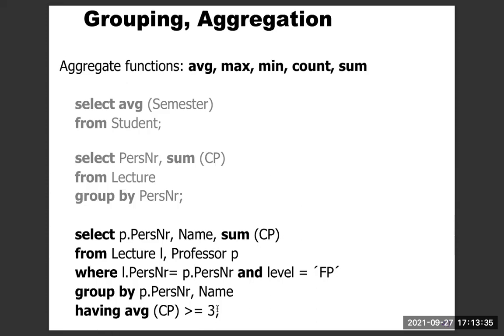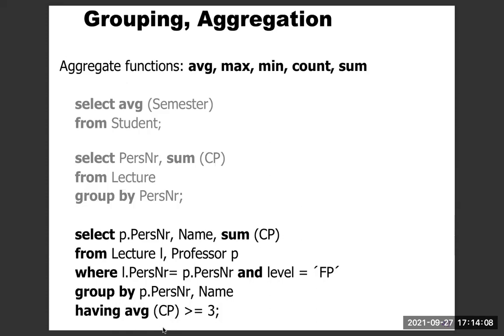If yes, then we'll add this group to the final output. If not, then we'll just drop it. So having, we can read it: select something from tables, where conditions are met, group it by these fields, and output only groups having these values, having average of points greater or equal than 3.